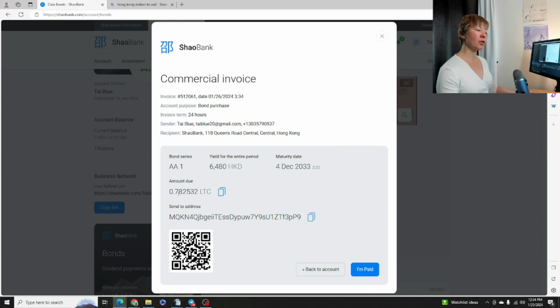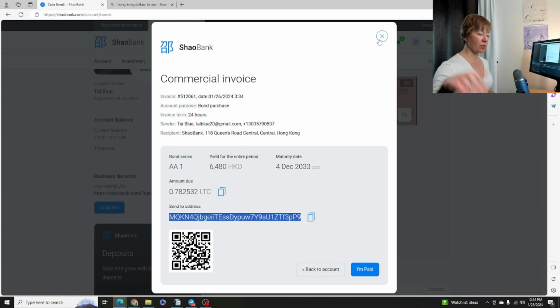Under Litecoin, you're going to be punching in 0.782532 Litecoin. You're going to send it to this address, or you can pull up your QR camera and scan this, and it will automatically punch in the correct address. Once you've sent it from your wallet, you can click I'm paid right here.